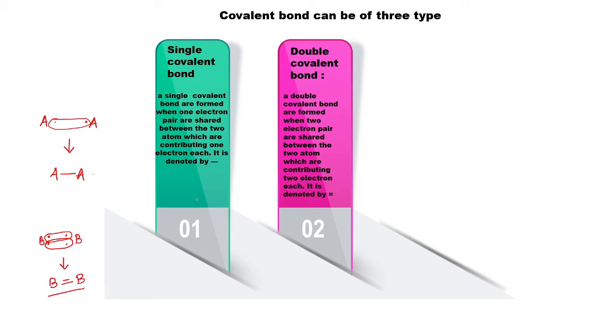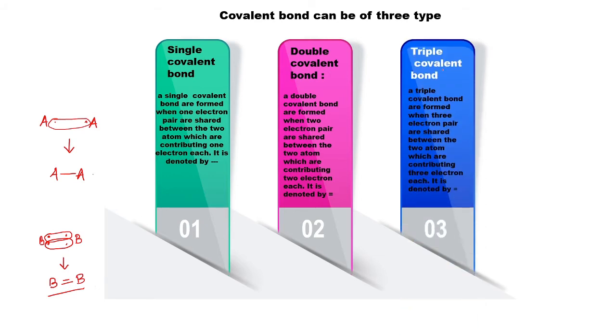The third type is the triple covalent bond. Here, instead of two or one, we will have three electron pairs being shared, and it is represented by three dash lines.